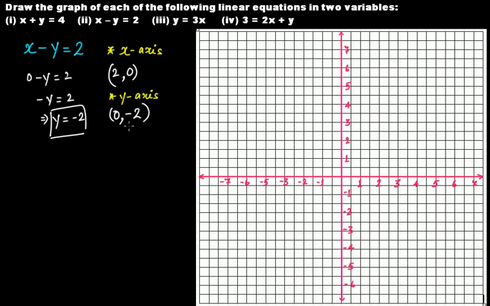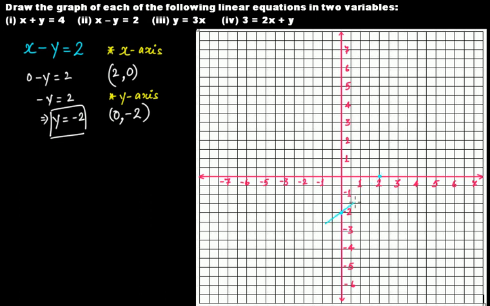So 0, minus 2 and 2, 0. So 2, 0 is this one, and 0, minus 2 means this point on the y-axis, where our x is always 0. So our straight line will pass through these 2 points. So let's try to connect this.